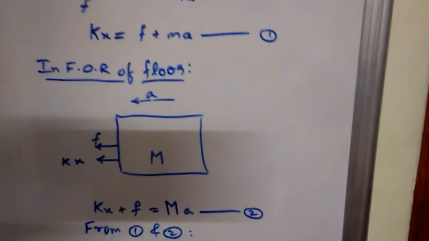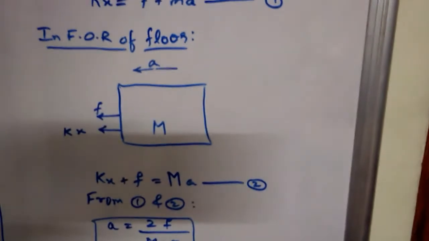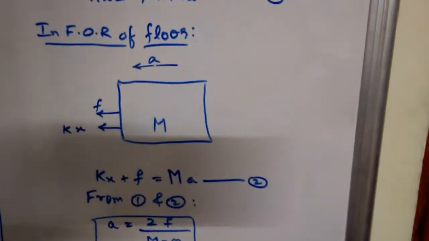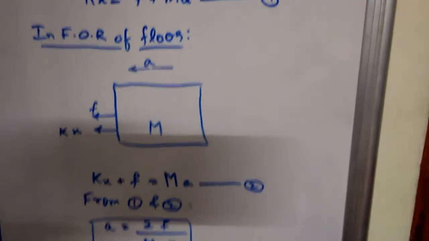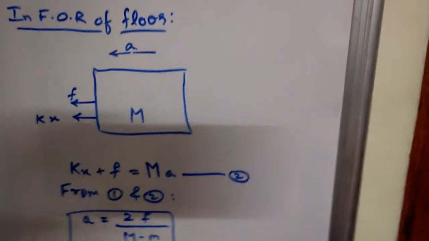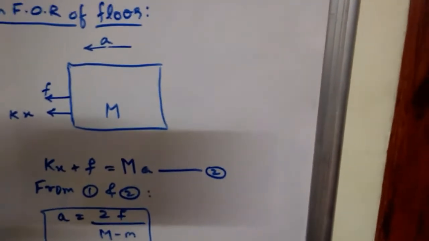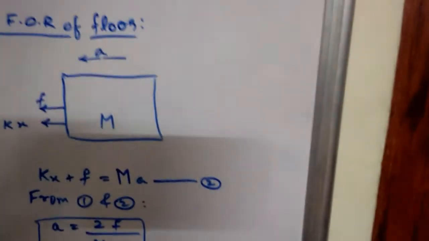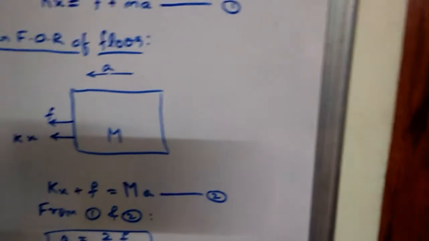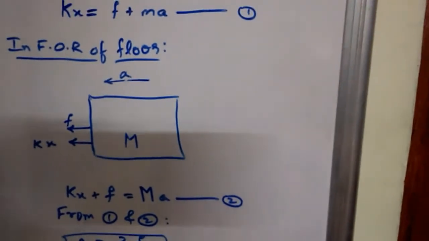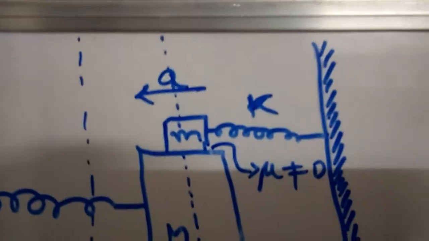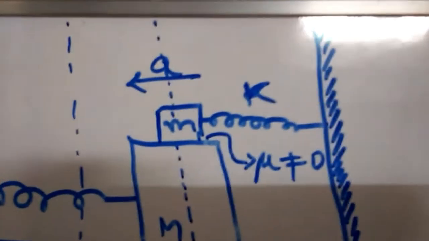So solving from equations 1 and 2, we have a equals 2f divided by capital M minus small m. Now, friction reaches its maximum limit, which is mu times small m times g, because that is the normal reaction offered between the surfaces in contact.